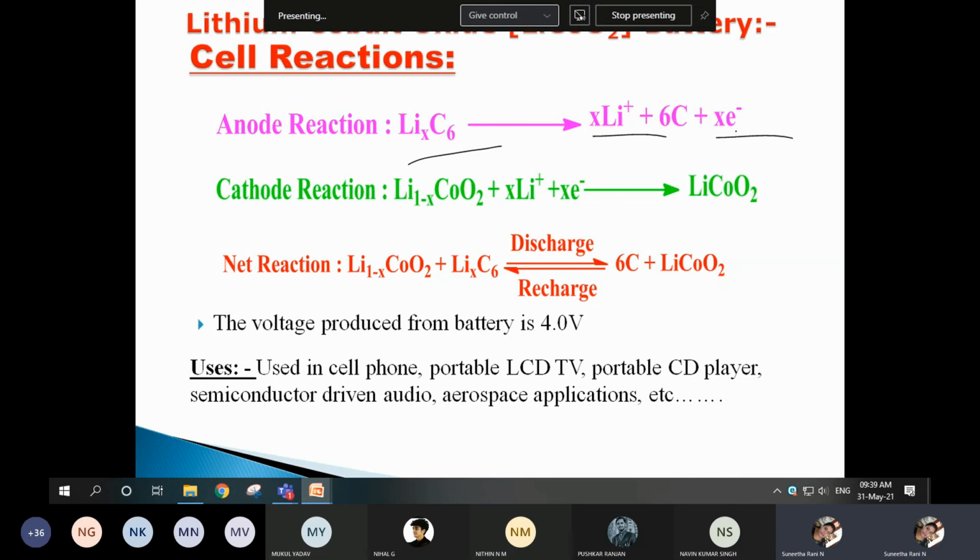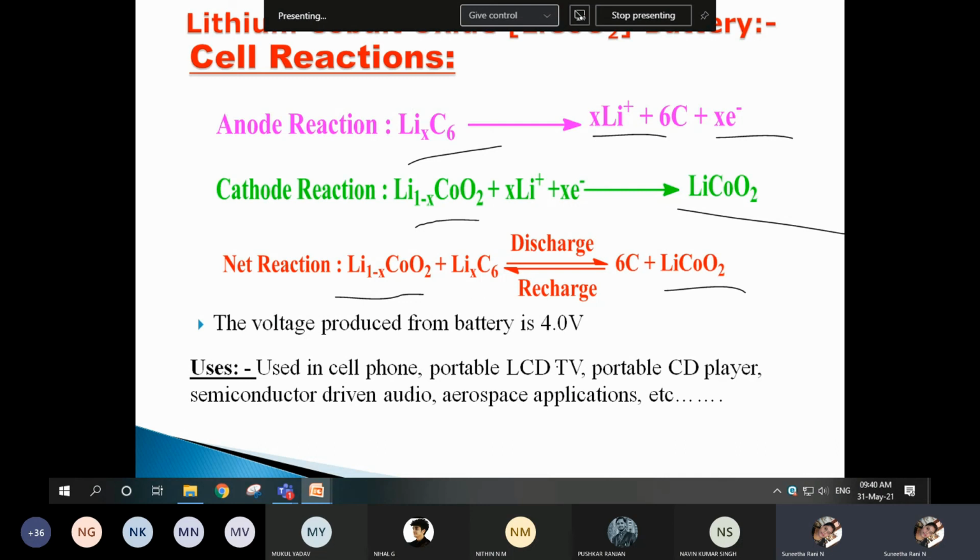Whatever electrons are liberated here, during the discharge process, are gained by the cathode to give lithium cobalt oxide in the reduced state. During discharge, it gives carbon and lithium cobalt oxide. During recharge, the reversible reaction takes place.